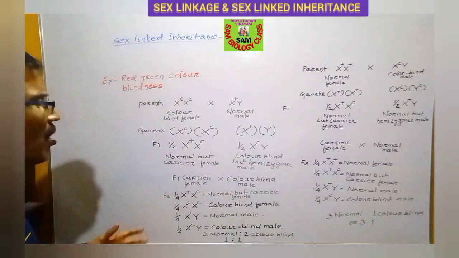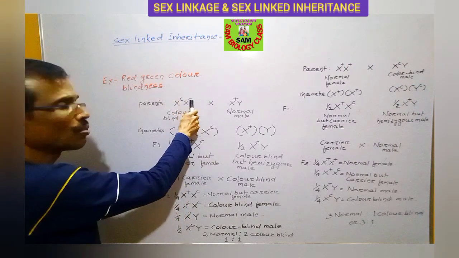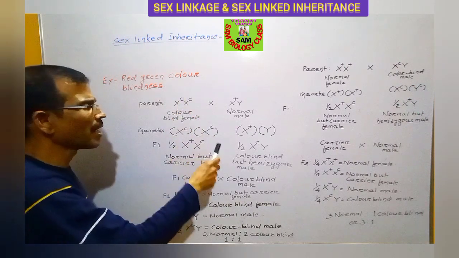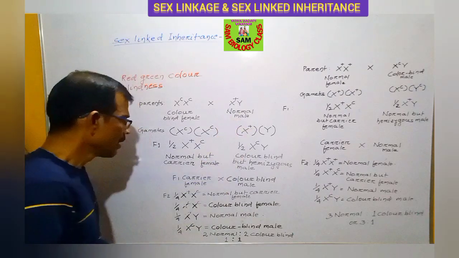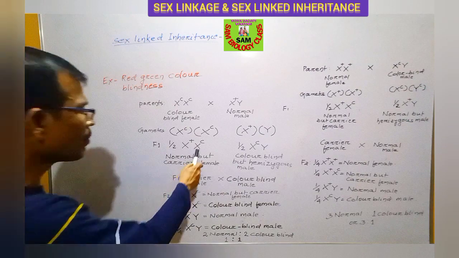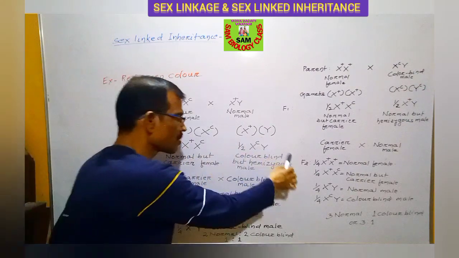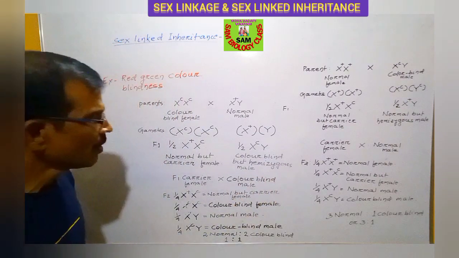Similarly, in another cross, when a colorblind female having two recessive alleles is married to a normal male, then in the F1 generation, all females are normal but carriers, but all sons are colorblind.